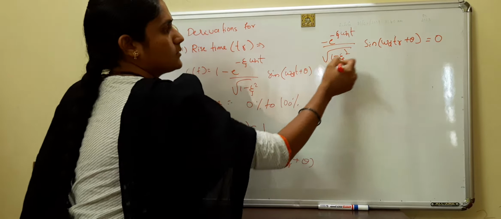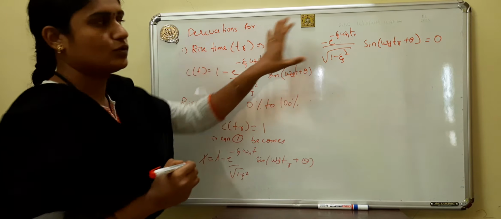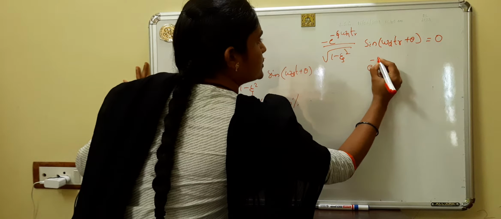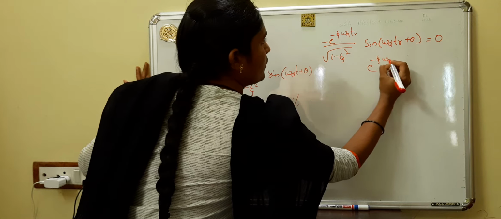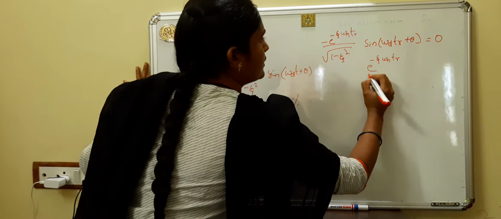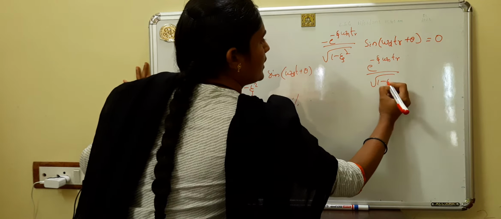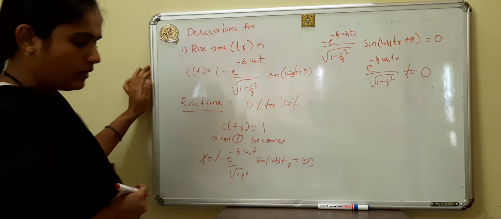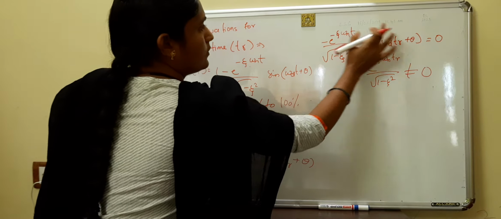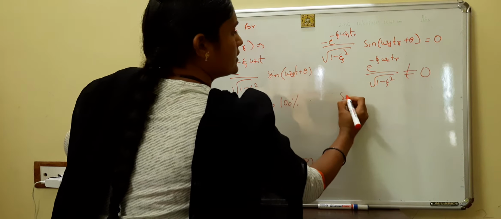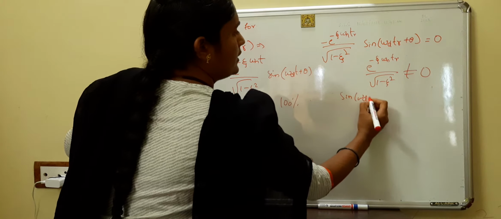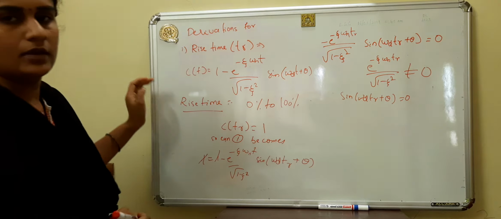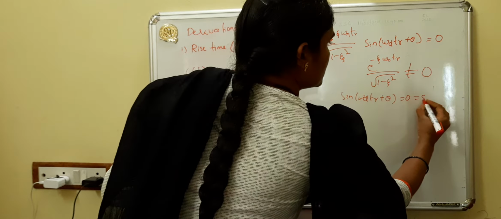The exponential term is a constant and will not be 0, so sine of omega d tr plus theta must be 0, which is equal to sine pi.